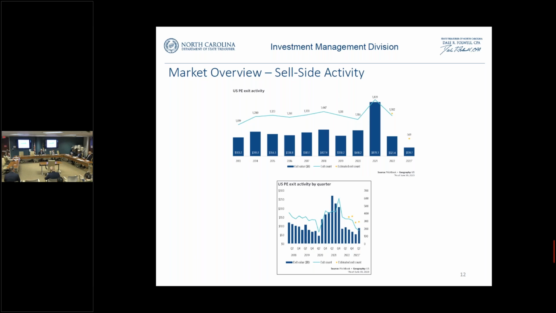It's setting a record right now, at approximately 62% of all exits year to date. Last year it was a healthy number too, at 53%, but the year prior to that, you're talking 30%. So it's stepped up. Now there are fewer exits, but corporates are still being active.